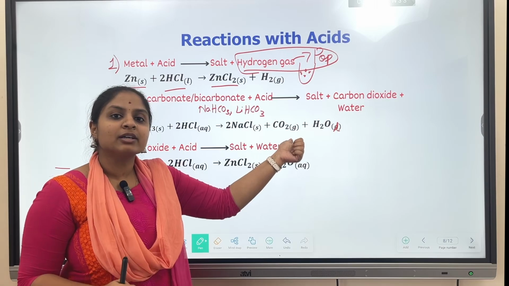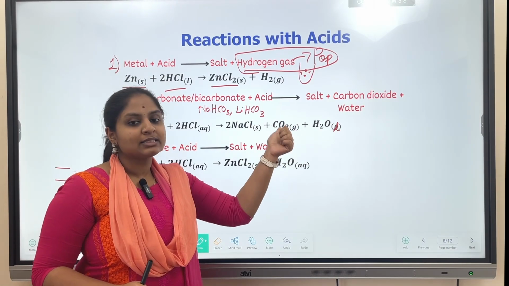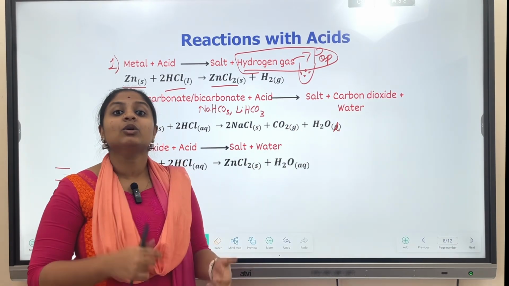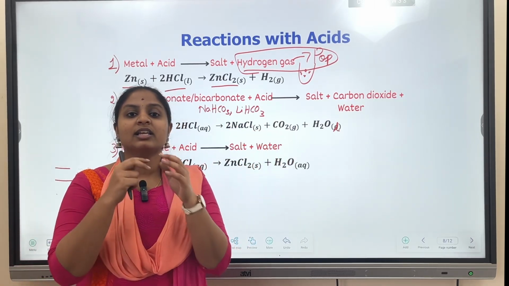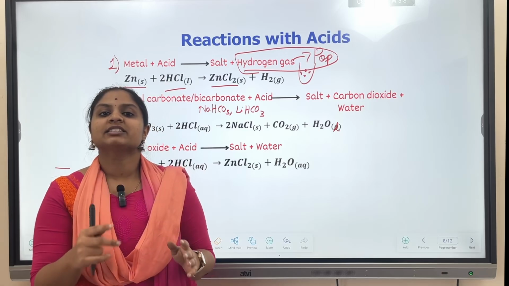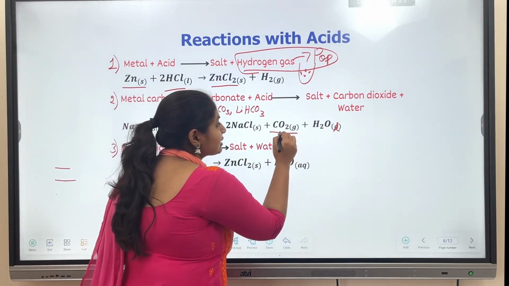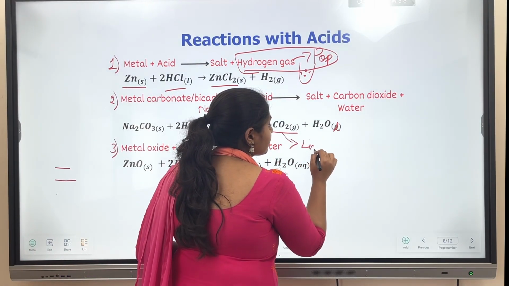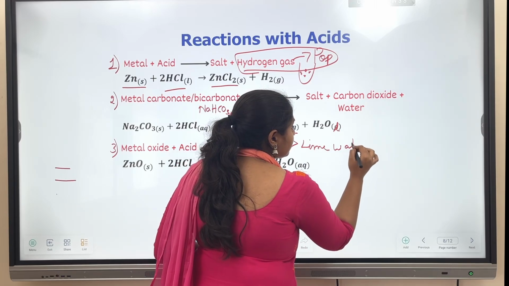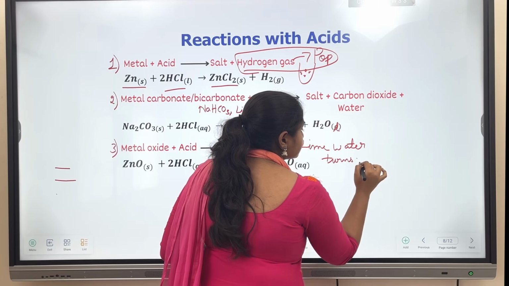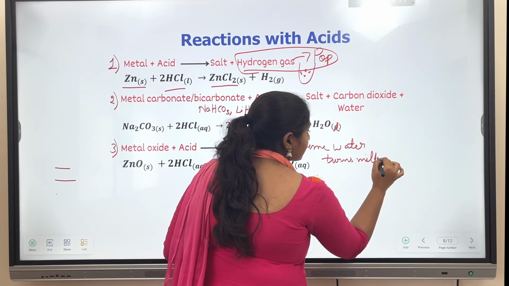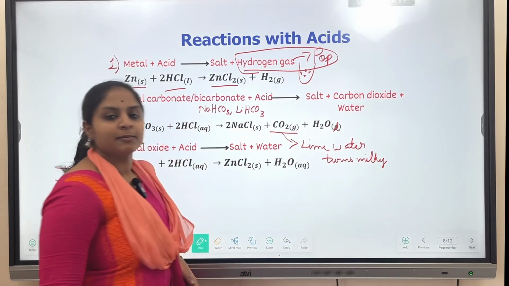How do we know carbon dioxide gas is evolved? We will pass this carbon dioxide gas through lime water. When we pass this gas through lime water, the lime water turns milky, which confirms that carbon dioxide gas is evolved.